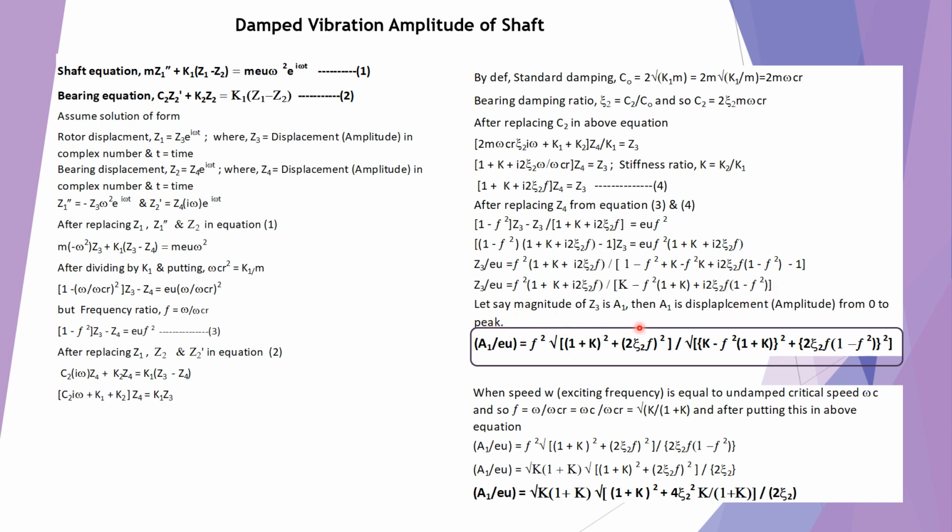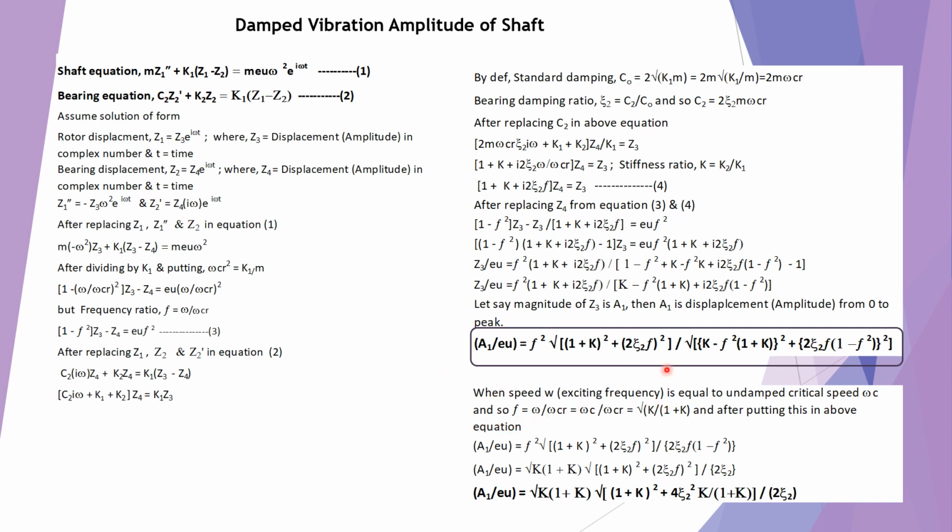Let's say Z3 is A1, and A1 is the displacement from zero to peak, so we can directly write in magnitude A1 upon EU is equal to f squared into the square root of ((1 plus K) squared plus (2 zeta 2 f) squared) upon the square root of ((K minus f squared into (1 plus K)) whole squared plus (2 zeta 2 f into (1 minus f squared)) whole squared). So this is the expression for shaft amplitude.